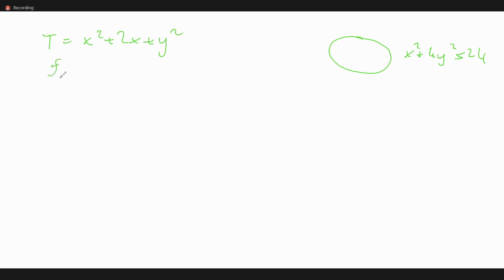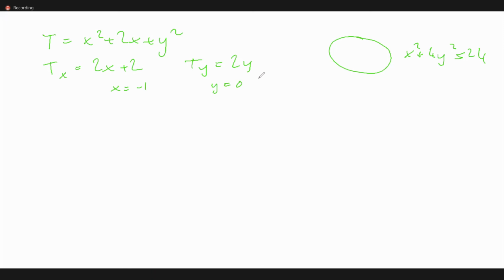So we take the partial derivative of the temperature. Actually, let me call this Tx, as 2x plus 2, and Ty as 2y. The partial derivatives are equal to 0 only when x is equal to -1 and y is equal to 0.